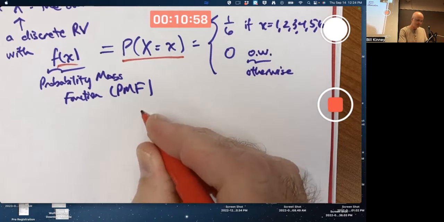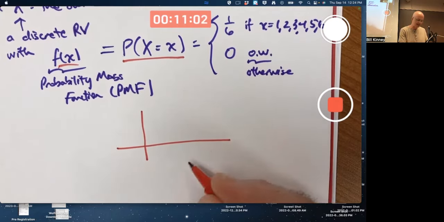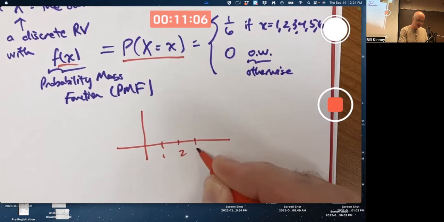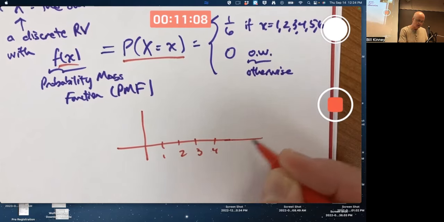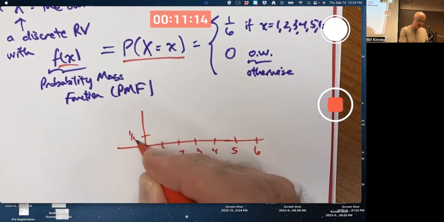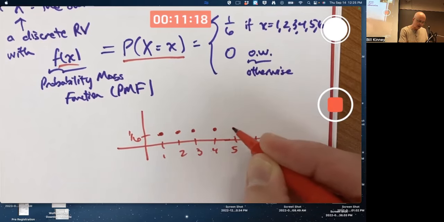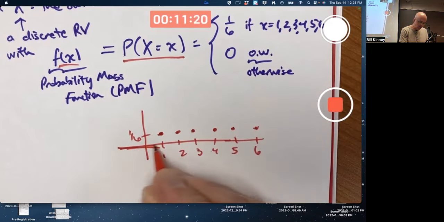The graph would be mostly the horizontal axis, except exactly 1, exactly 2, exactly 3, 4, 5, and 6, where the output at those numbers is 1/6. But elsewhere, it's 0.